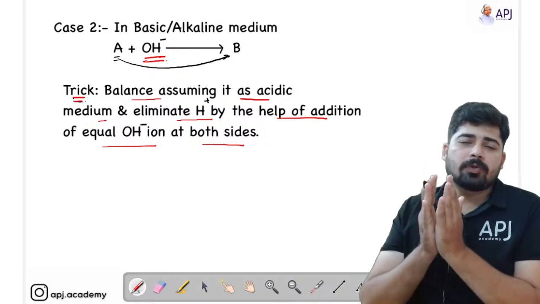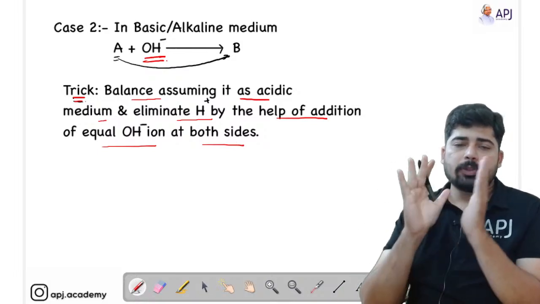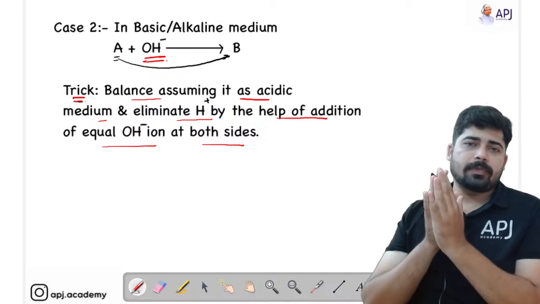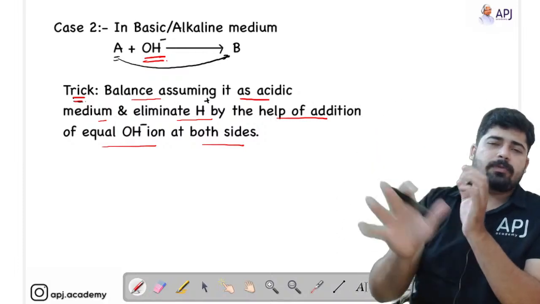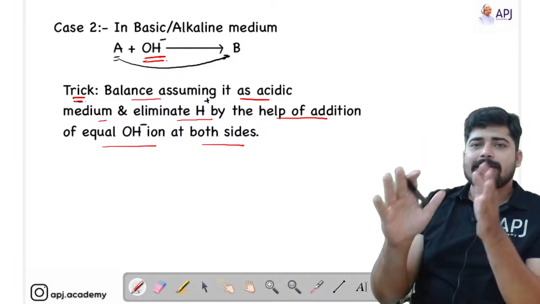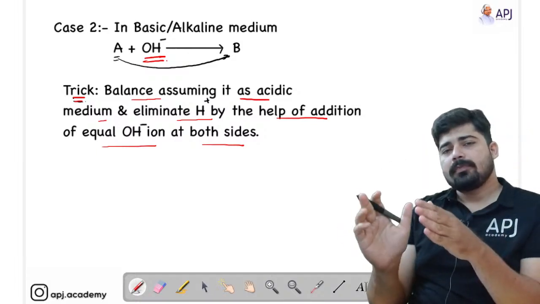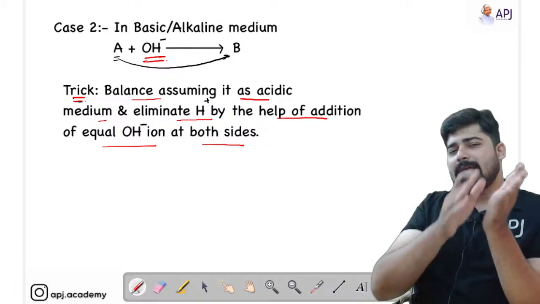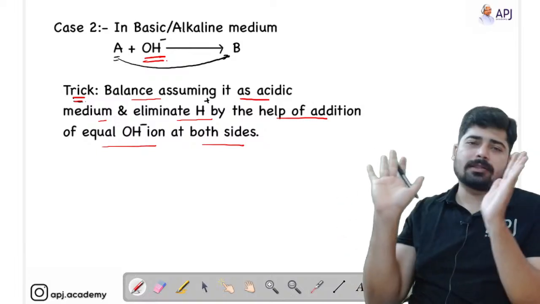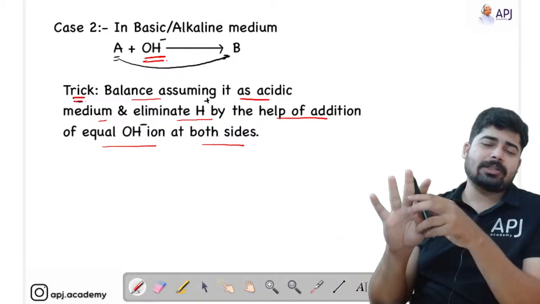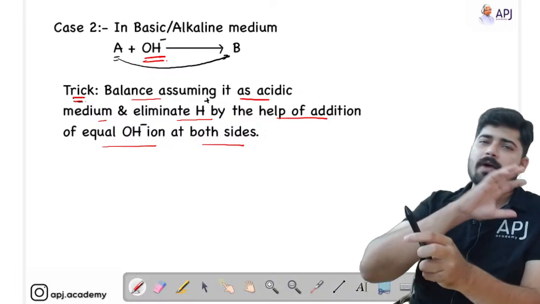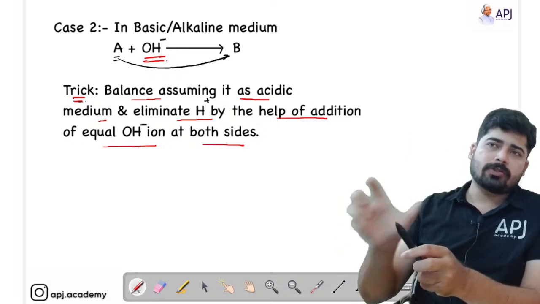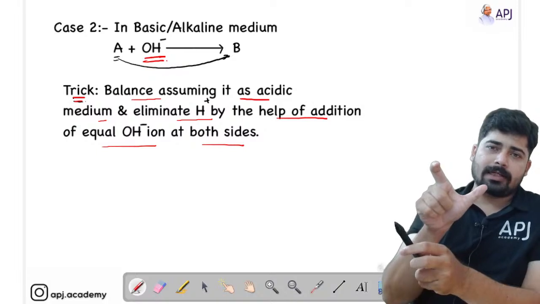So what you have to do, the trick is so simple: you assume that it is in acidic medium and you solve all the problems. That means you balance everything as you did in the acidic medium. Similarly, you do all the things, and after balancing and cancelling the electrons, in the final reaction you will have H+.